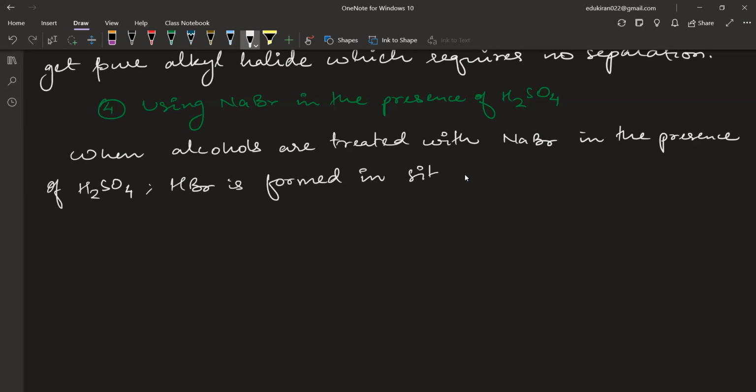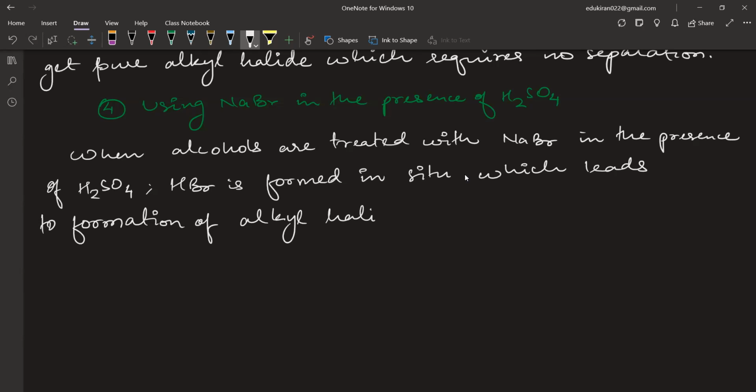In situ means in the reaction, between the reaction. HBr is formed, which leads to the formation of alkyl halides.